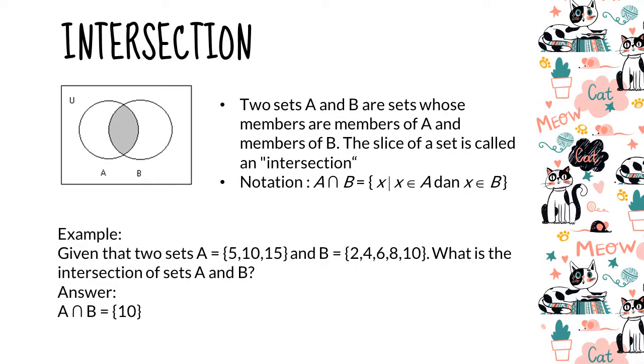For example, given two sets A equals {5, 10, 15} and B equals {2, 4, 6, 8, 10}, what is the intersection of sets A and B? The answer: the intersection of A and B equals {10}.